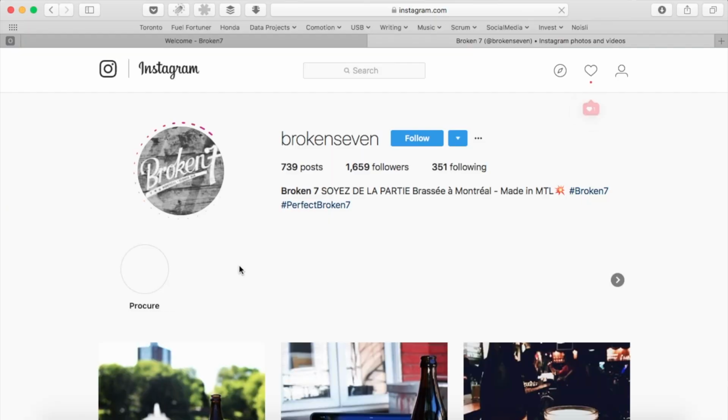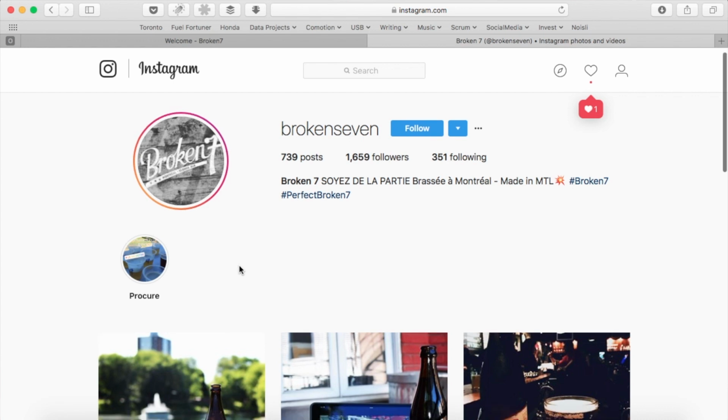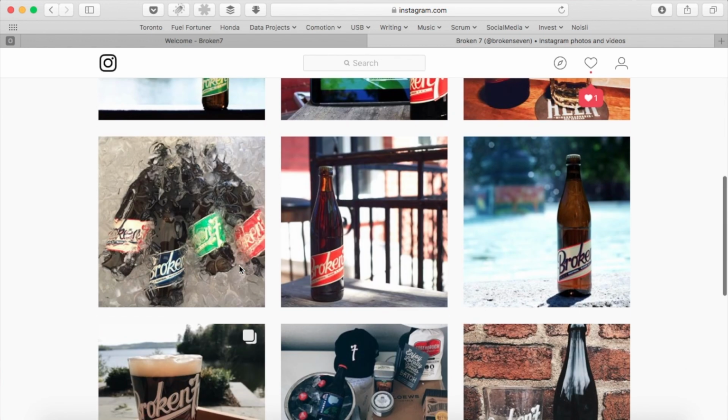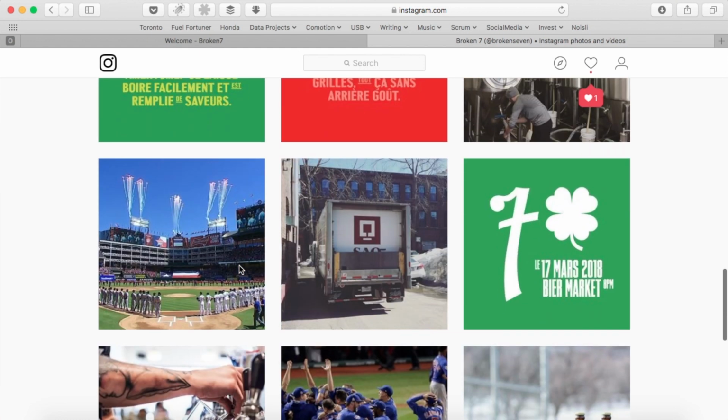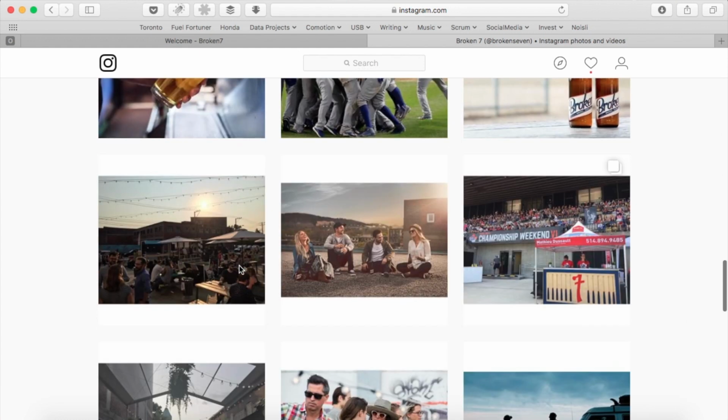Okay, we both got Broken 7, a beer brewed in Montreal, which is what caught my eye. That's why I thought I would enjoy it. They say it's the sportsman's beer. I got the Montreal Blonde Ale. I only picked it because of the pretty label.